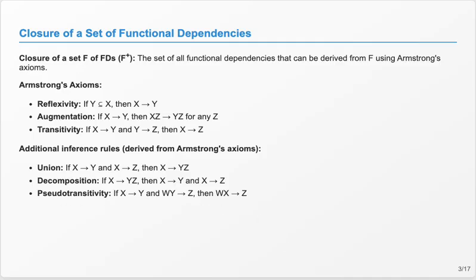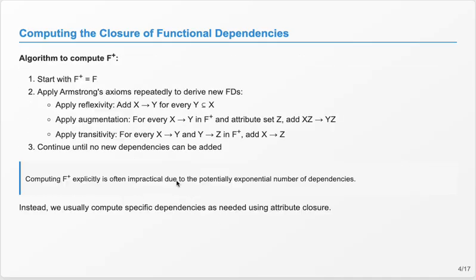And how do we actually compute the closure? This is the algorithm to compute the closure of a set of functional dependencies. You start with the original set of functional dependencies, and then repeatedly apply Armstrong's axioms to them to get new functional dependencies. We keep repeating this process until we cannot add any more functional dependencies.